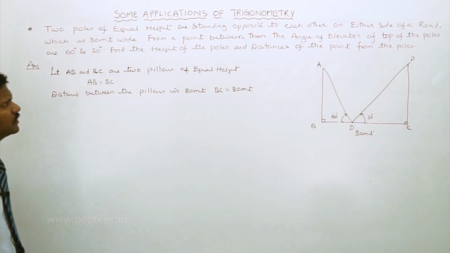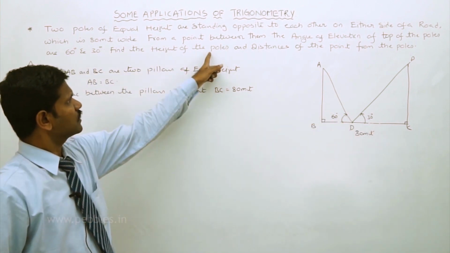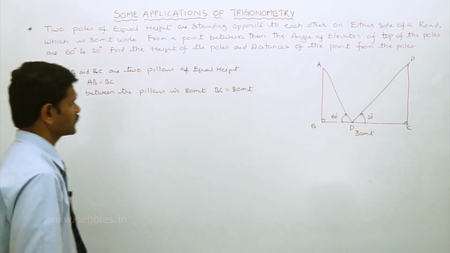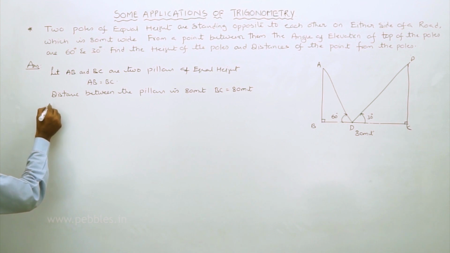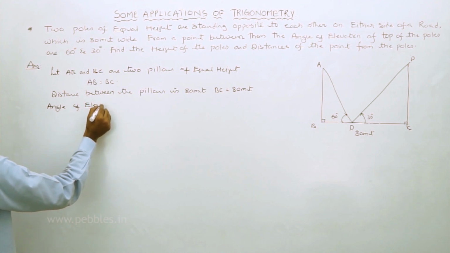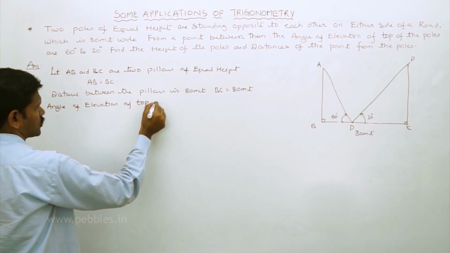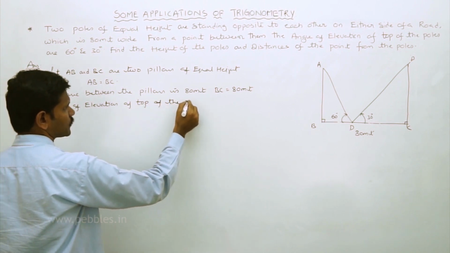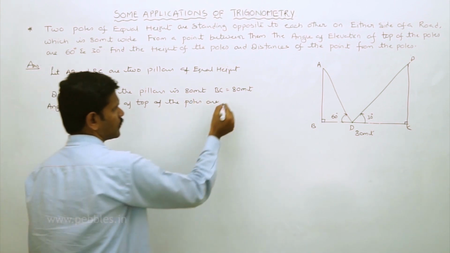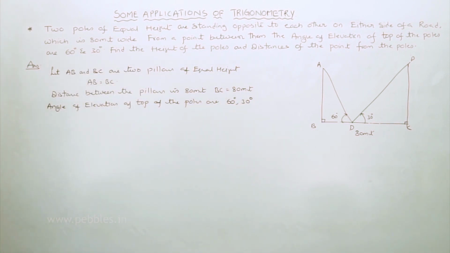By using this information, we have to find the height of the poles as well as the distance of the point from the poles. That is, we have to find these distances. Now, the angles of elevation of the tops of the poles are 60 degrees and 30 degrees respectively.